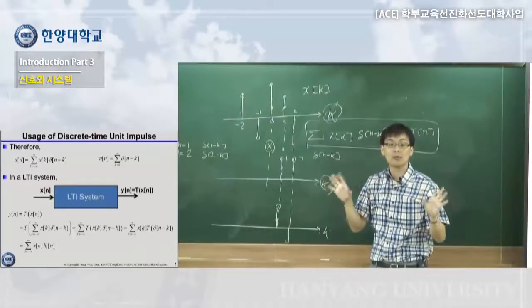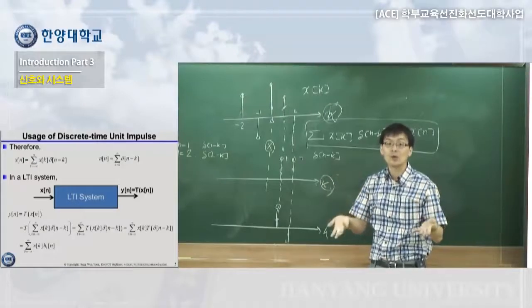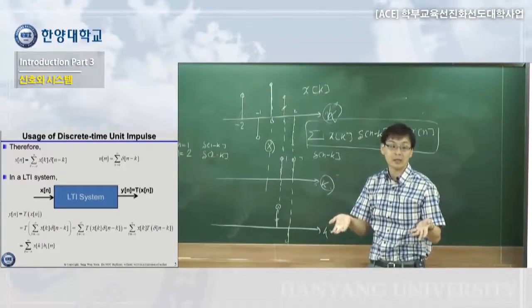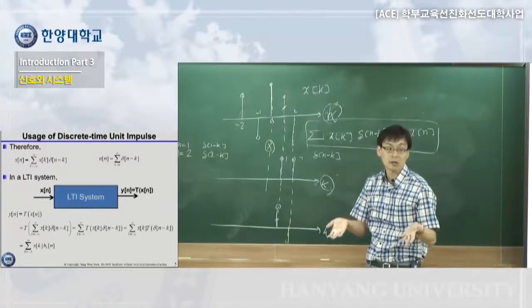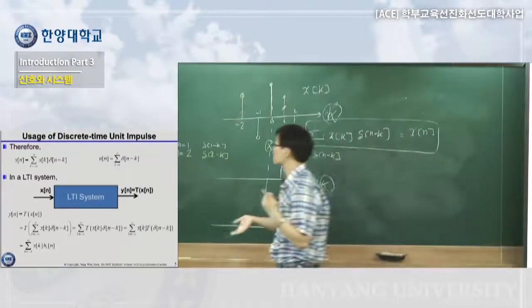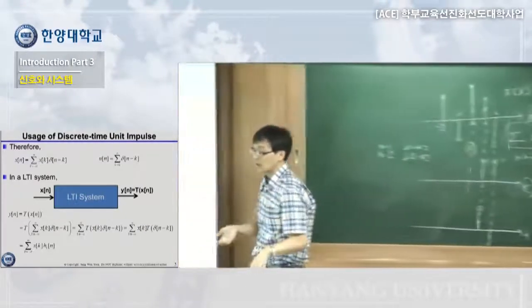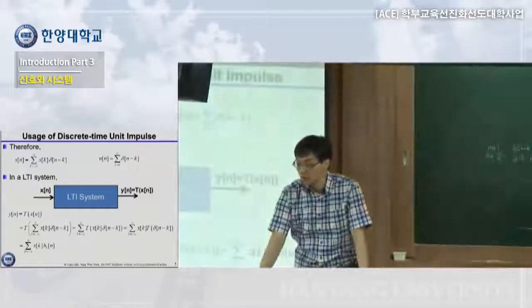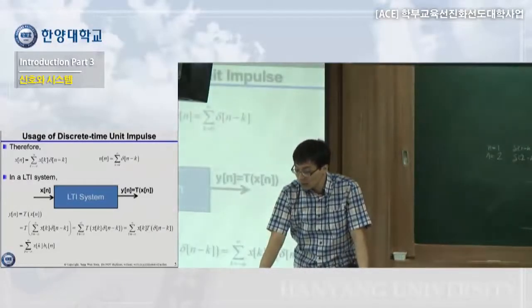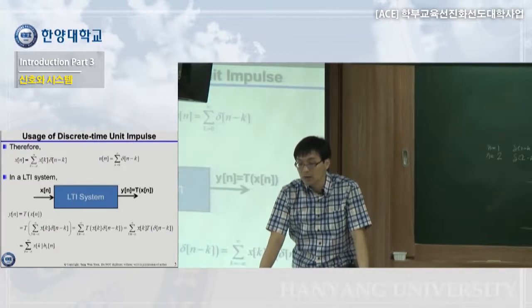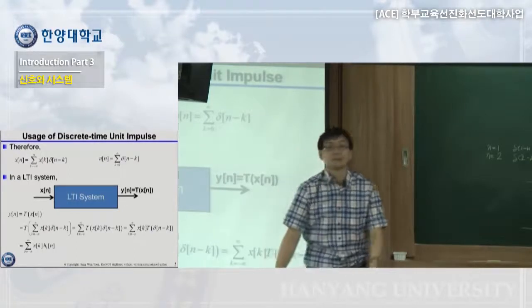But this one will repeat when you derive the Fourier series and other functions. This derivation is, I think, quite straightforward, but it gives you one idea of how the system functions.